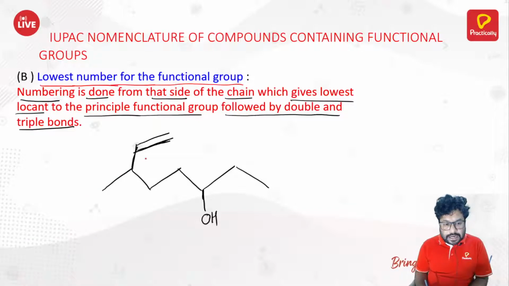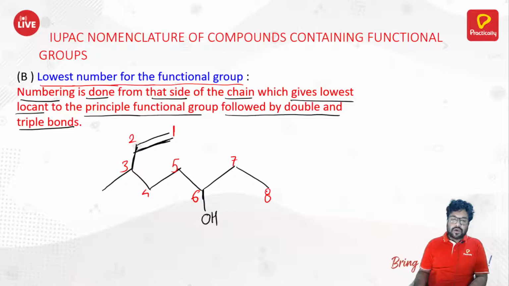Suppose I start counting from this carbon: 1, 2, 3, 4, 5, 6, 7, 8. We can go like that. But in doing so, your functional group will be present at the sixth position. So it is not the lowest number, and this counting cannot be valid.